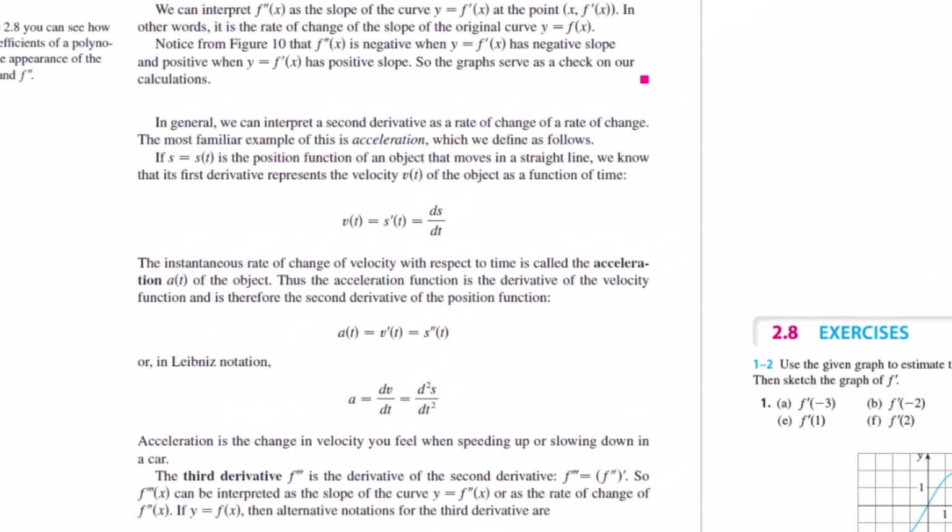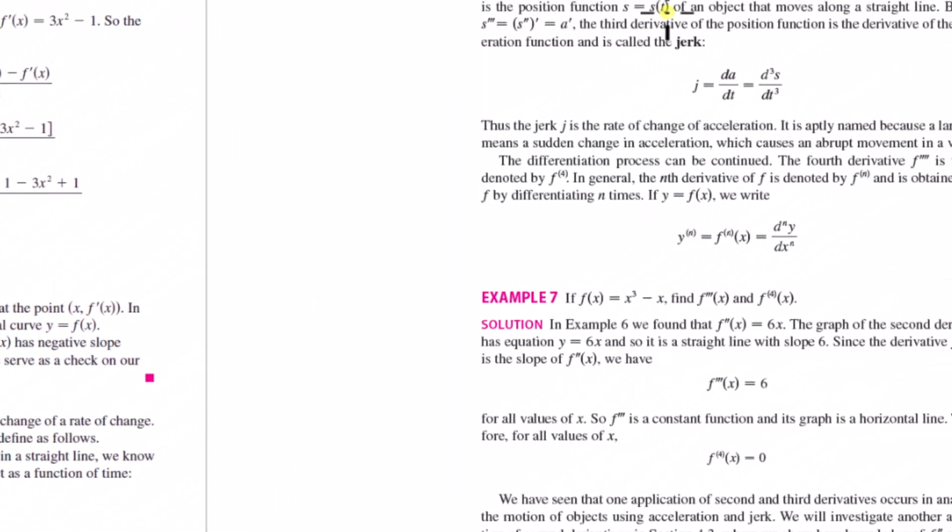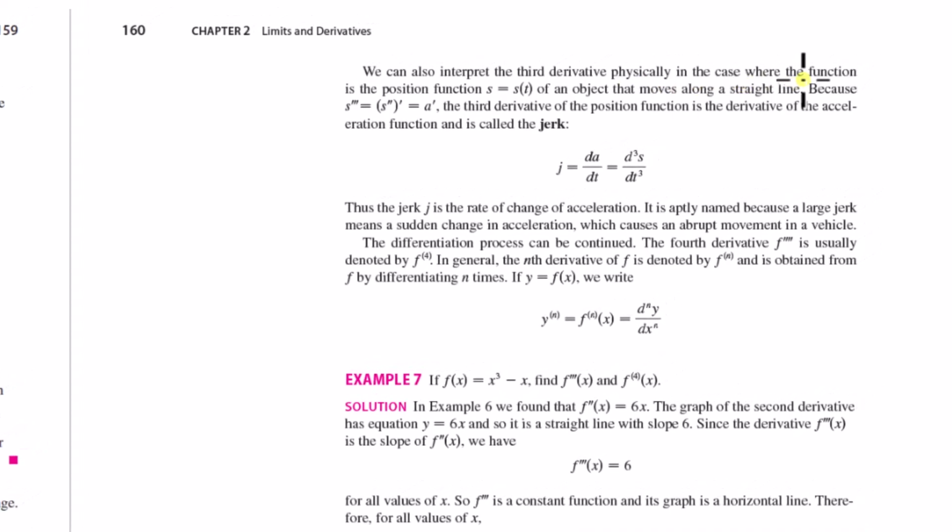Okay. Now, we can also interpret the third derivative physically in the case of the position function. The first derivative of a position function is velocity, the second derivative is acceleration, and the third derivative is what's called jerk, J. It's very interesting. That's the derivative of the acceleration function.